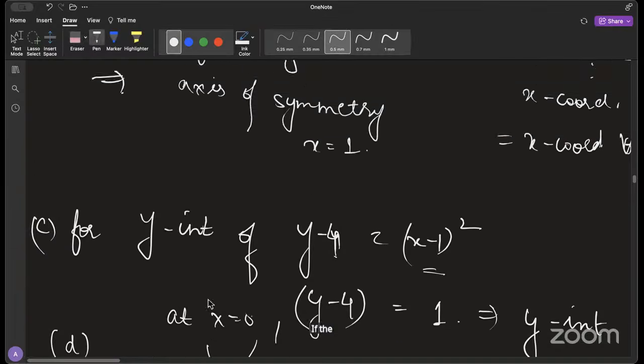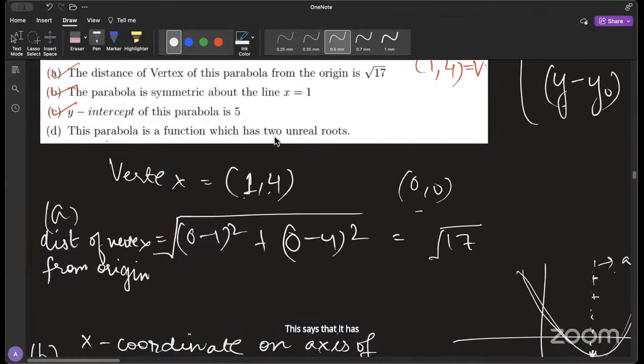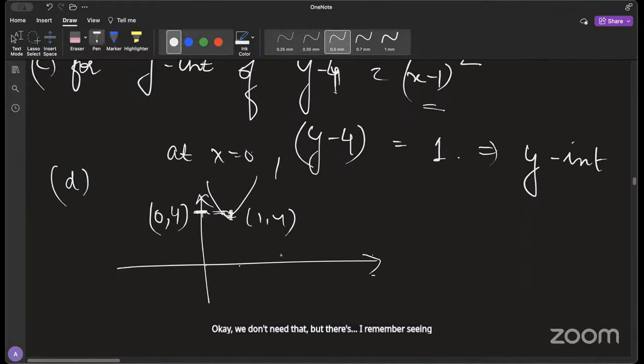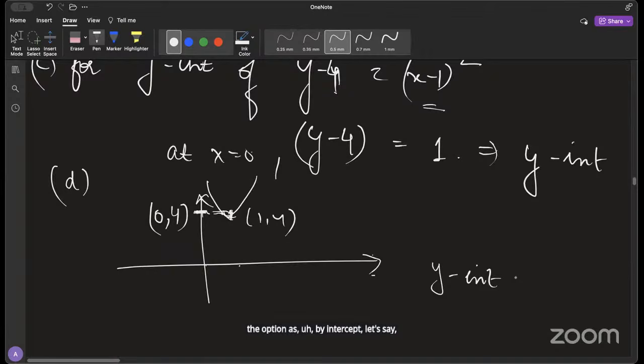If an option says it should be 3, then it should be incorrect. I remember seeing some questions like this where you have been given the option as y-intercept. Let's say, can the y-intercept be 3? Then it can't be 3, because your vertex is at 4 and it's opening upwards, so it has to be more than 4. So 3 cannot be correct. However, that's not one of the options here.